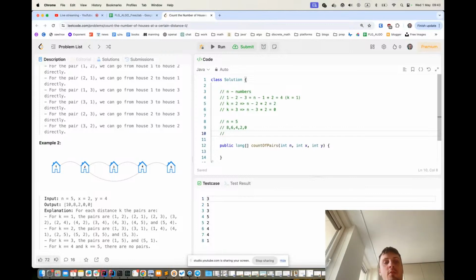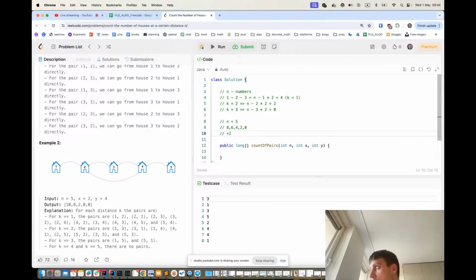So if we have 2 and 4, so at least we have additional connection for 2 for 1.